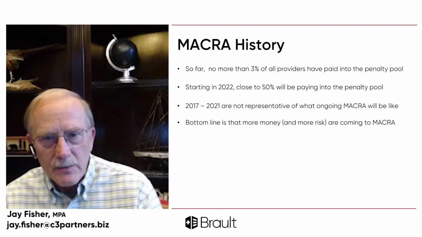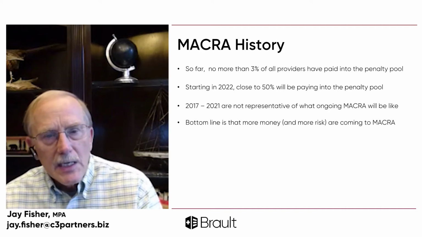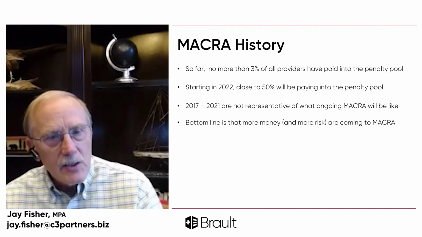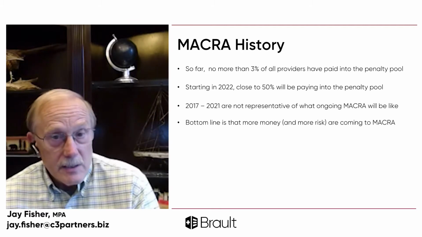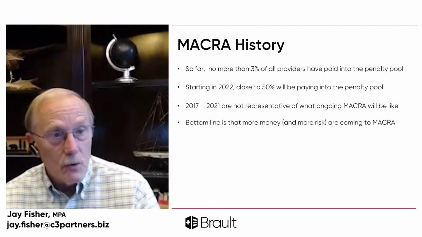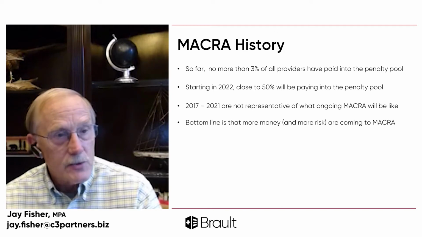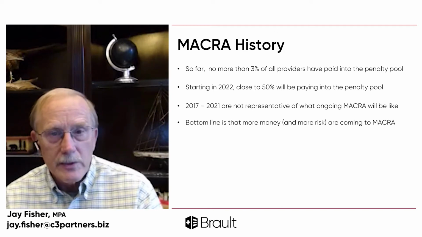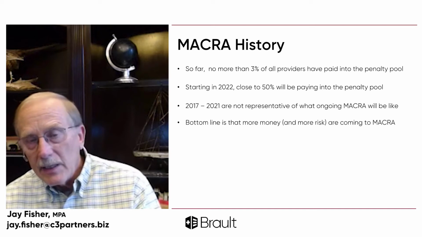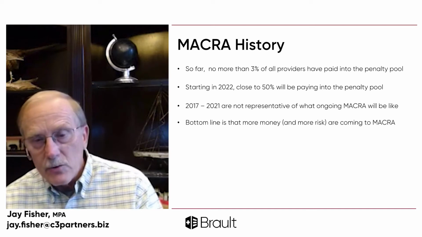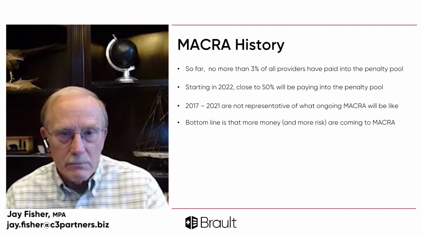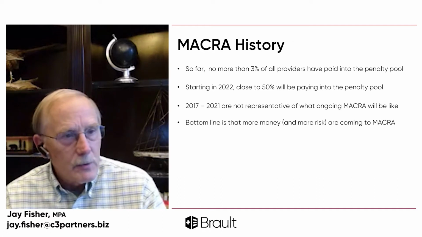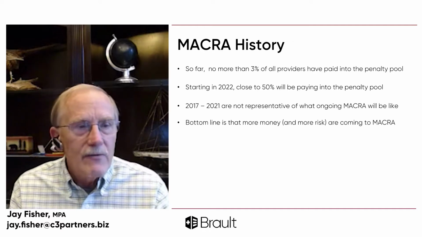And 2018 is interesting because in 2018, the mean, or just the straight average score, was about 82.8 points across all providers, this reporting as groups. The median, meaning half of the providers in the country scored at or above it and half scored below, was 95.2 points. So the scores have been very, very high.